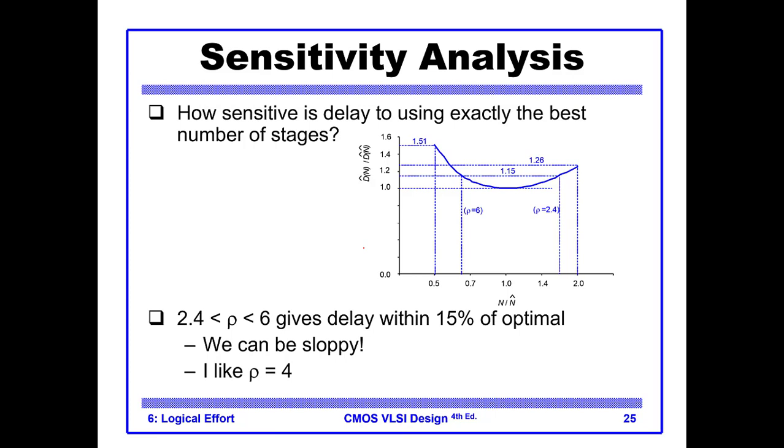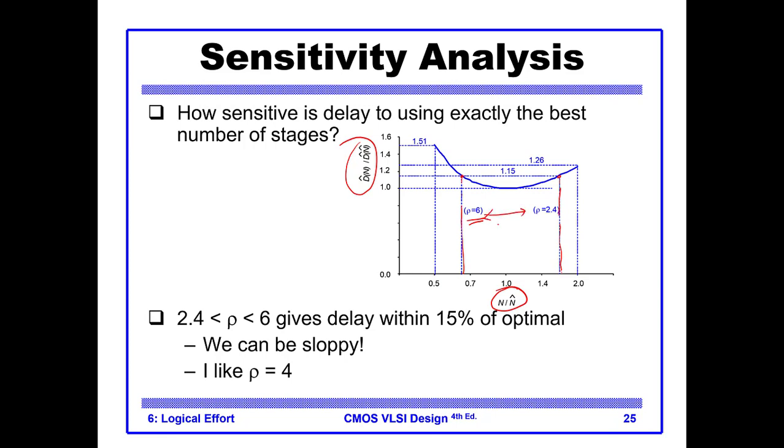How sensitive is delay to using exactly the best number of stages? For example, on this side we have the delay, and on this side we have the number of stages. You see here the number of stages is 6 at this point, and this point is number of stages 2.4.